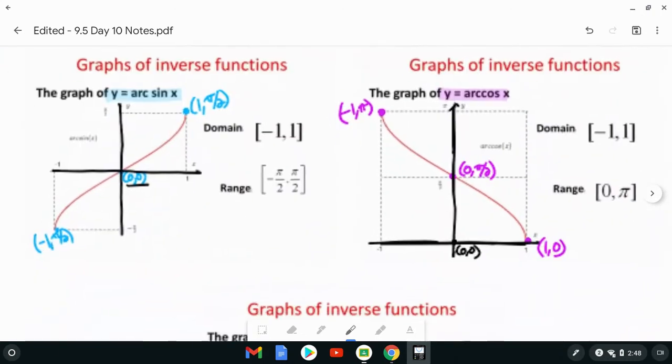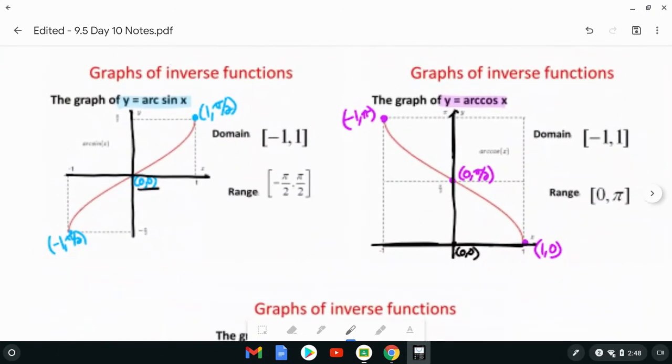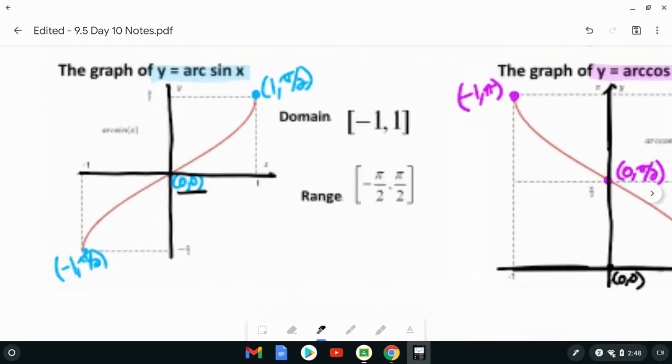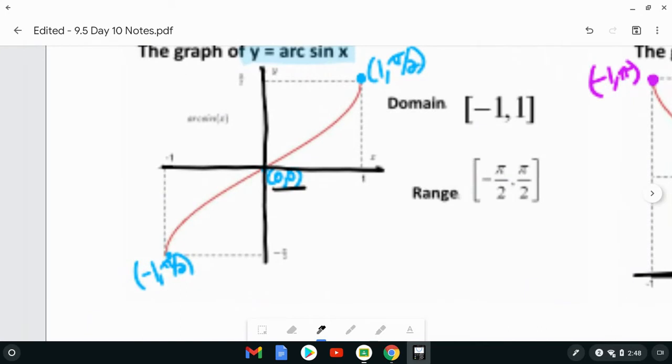We can see this again down here now. These are two graphs that, just like we did for sine and cosine of x and tangent of x when we memorized those special points, you should know these special coordinates. So for sine inverse of x, notice that we start at negative 1 comma negative pi over 2, go through the origin at 0, 0, and then come up at 1 comma pi over 2.